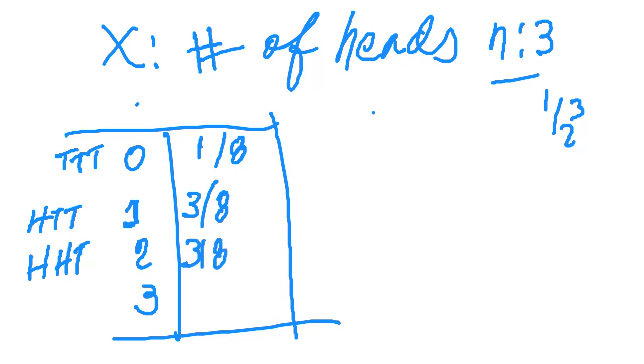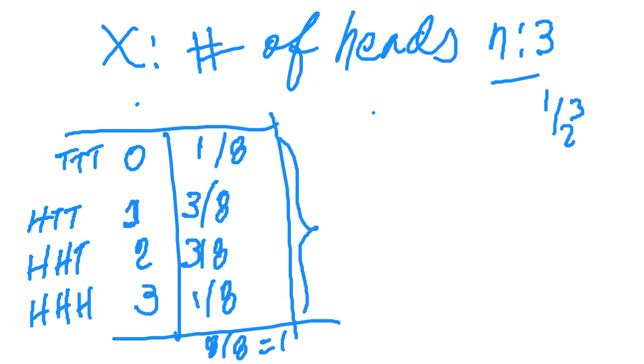And for 3 heads there is only 1 case. Added together, 1 over 8 plus 3 over 8 plus 3 over 8 plus 1 over 8, that's 8 over 8, which is equal to 1. So that is a probability distribution, where that is the value x, and that is the probability.